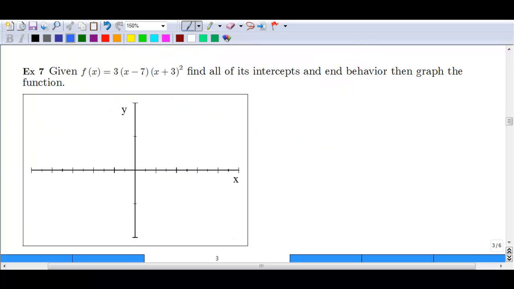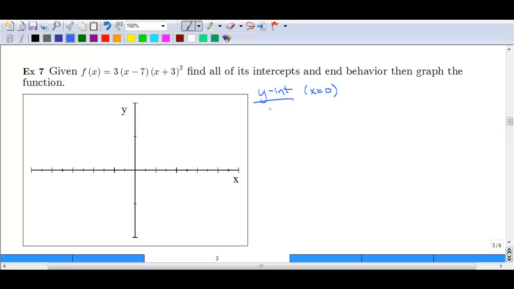So we're going to put together everything we learned about degree, multiplicity, lead coefficient, and end behavior. A good place to start is to look at the intercepts, and for this we want to find the x and the y-intercepts. The y-intercept is usually the easiest to find. In this case, the x isn't too bad either, but the y-intercept is what happens when you plug in x equals 0.